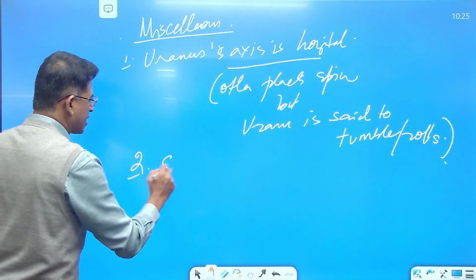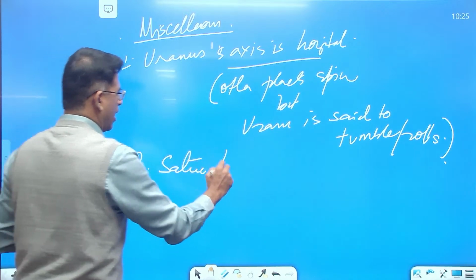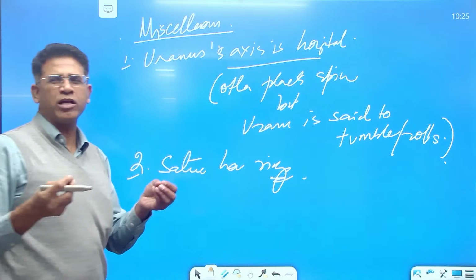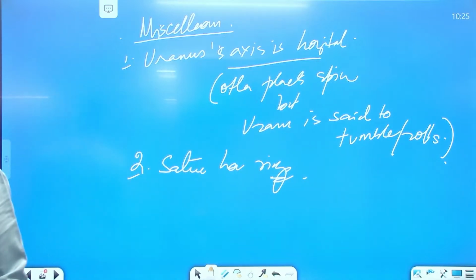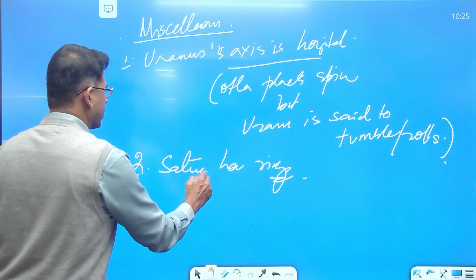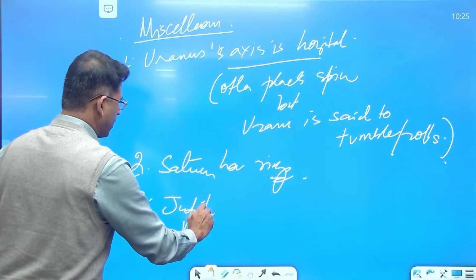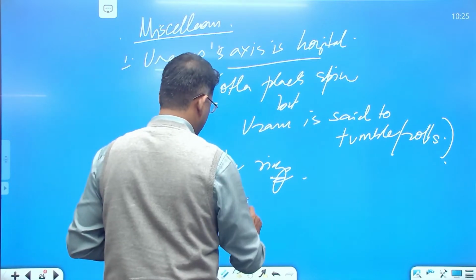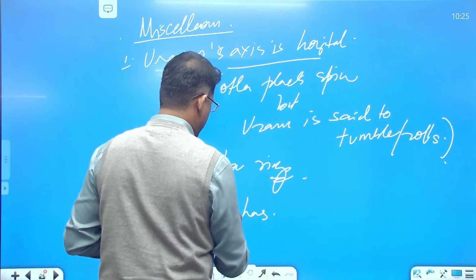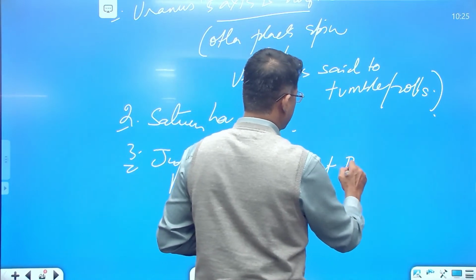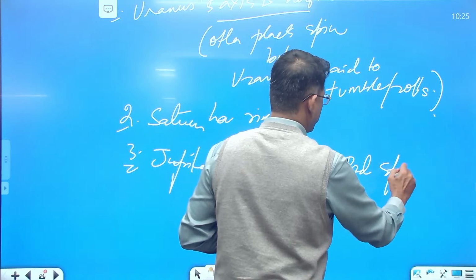Then Saturn has rings. Rings are essentially rocks, gases, satellites. Okay. Saturn has rings. Third, Jupiter has something called the giant red spot.